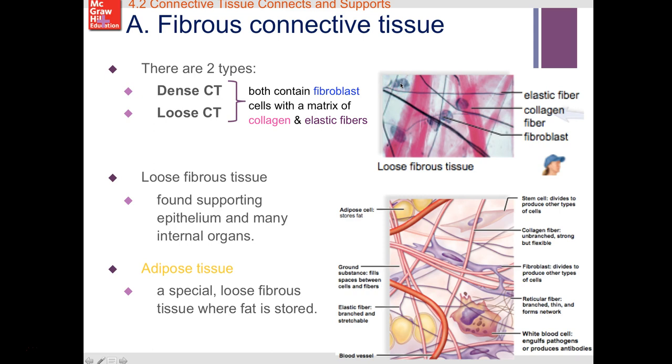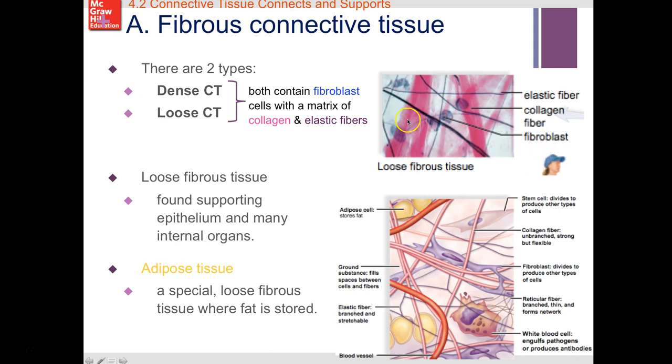Those are representing fibroblasts. Fibroblasts will help to maintain the connective tissue. We also see some elastic fibers. Those are going to be these skinny, darker lines, almost like a dark purple. And then you'll see these thicker pink lines in the back, and that's going to be the collagen. That's basically what the structure of fibrous connective tissue is, those components.